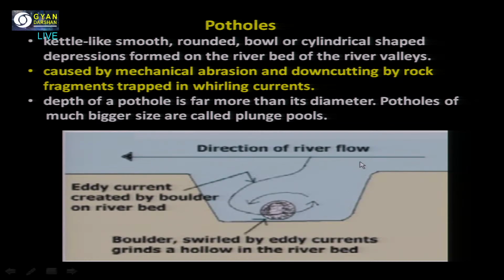As you see in this figure, this is the flow of the river water here, and there may be some rock fragments, some pebbles, cobbles or boulders, trapped in the river bed in the eddy currents. Due to their movement, they grind the river bed and create a small hollow, and with time this may become much larger.